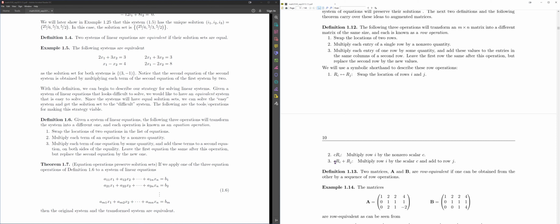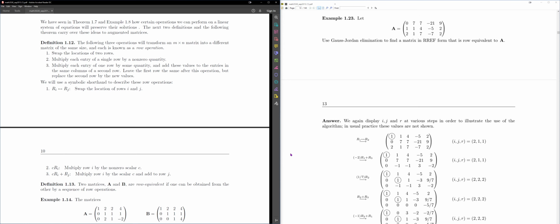Which one is actually changing? Is it row i or is it row j? How we write this over here, the last one is the one that changes. Whatever row is in the second position of your sum over here is the one that changes.